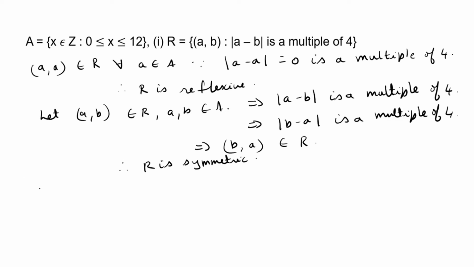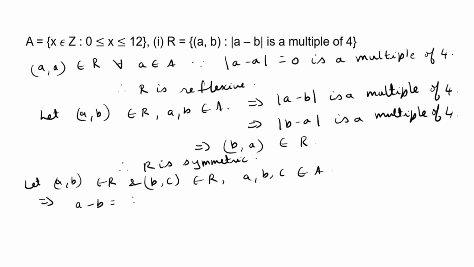Now let us see whether R is transitive. Let (a, b) belong to R and (b, c) belong to R, where a, b, c belong to A. If (a, b) belongs to R, it means |a − b| is a multiple of 4, or a − b = ±4m.